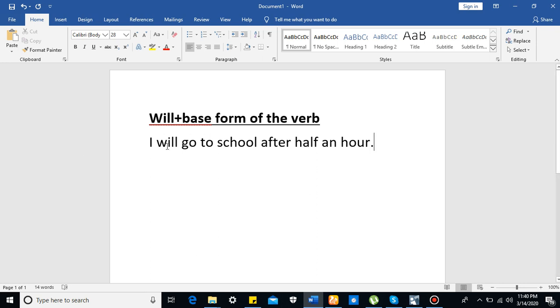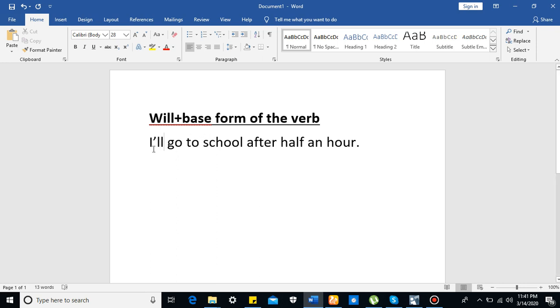You can also use a contraction here, like this. So now you're going to speak and read it not as I will, but I'll go to school after half an hour. That's how you can read or say it, right?